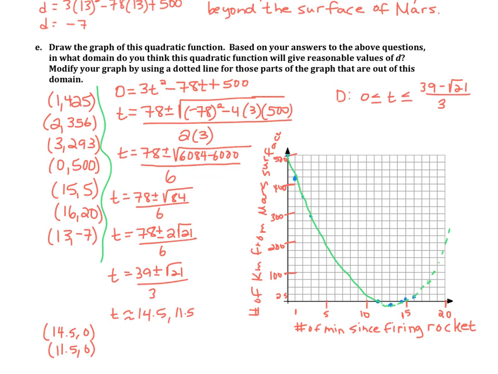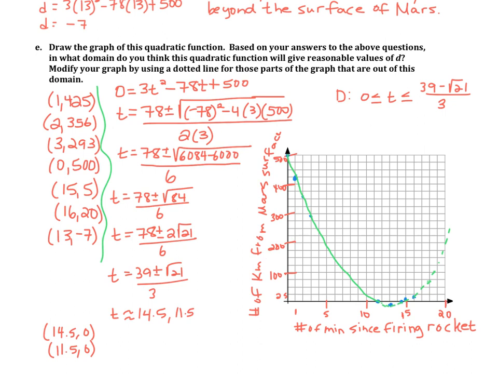And then the other thing I wanted to mention is going back to our domain right here. Do notice that these inequality symbols include 0 and they include this exact value which represented the approximate answer of 11.5. It was the exact value for that. It does include those. So it's not just a less than here, but it's a less than or equal to.